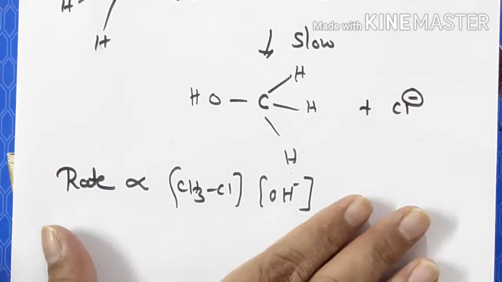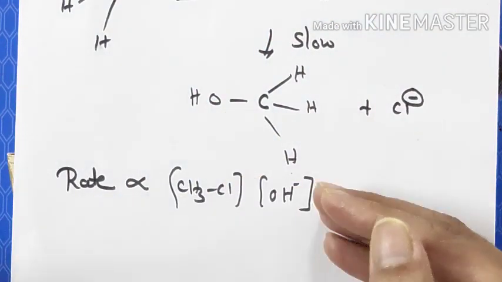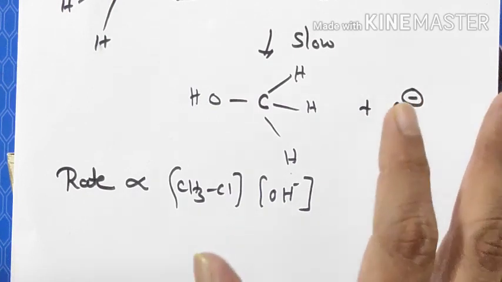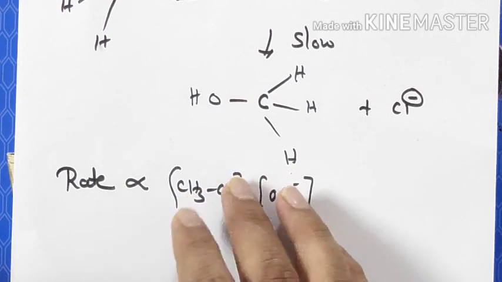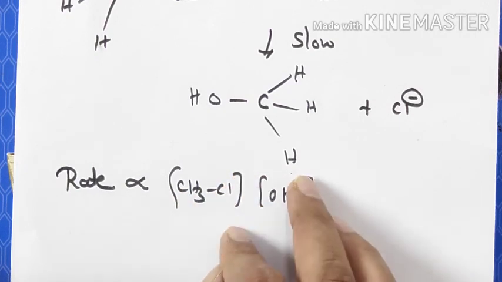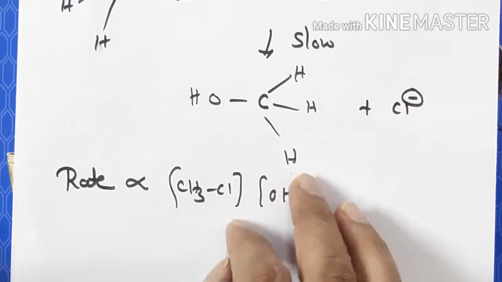And there are certain factors on which this depends. Obviously, we will be dealing with that in the next lecture. Okay, but for the time being, for today's lecture, we'll stop over here. Next lecture, we'll see what are the factors on which this SN2 mechanism depends. Right, and then we'll solve some problems which will be based on this reaction.